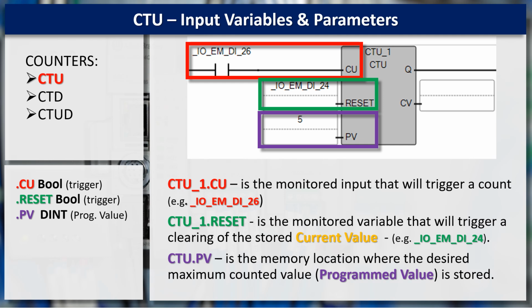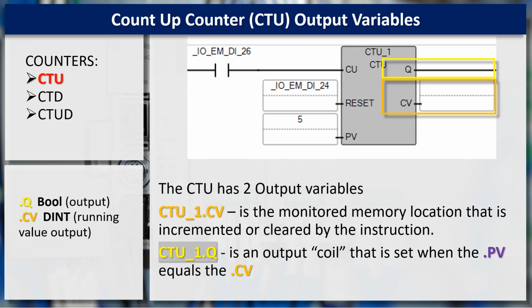The CTU.PV is the memory location where the desired maximum counted value, or the programmed value, is stored. The CTU counter has 2 output variables. Its .CV is the monitored memory location that is incremented or cleared by the instruction.